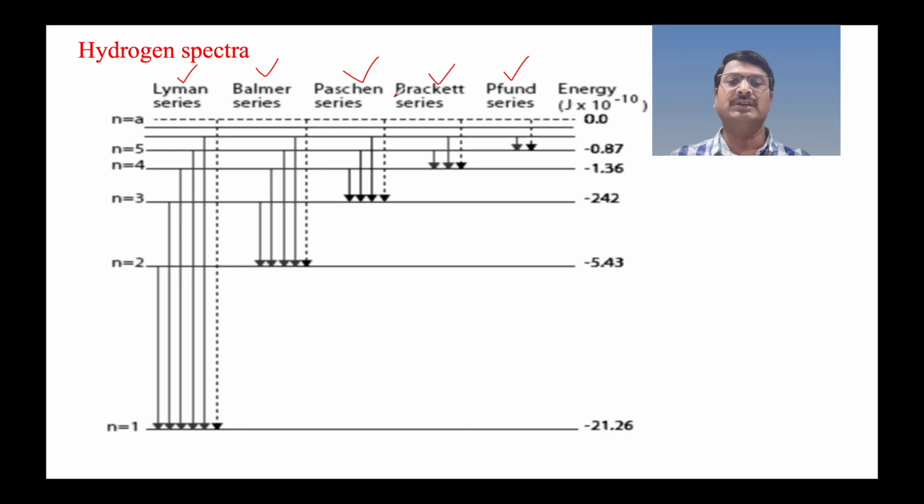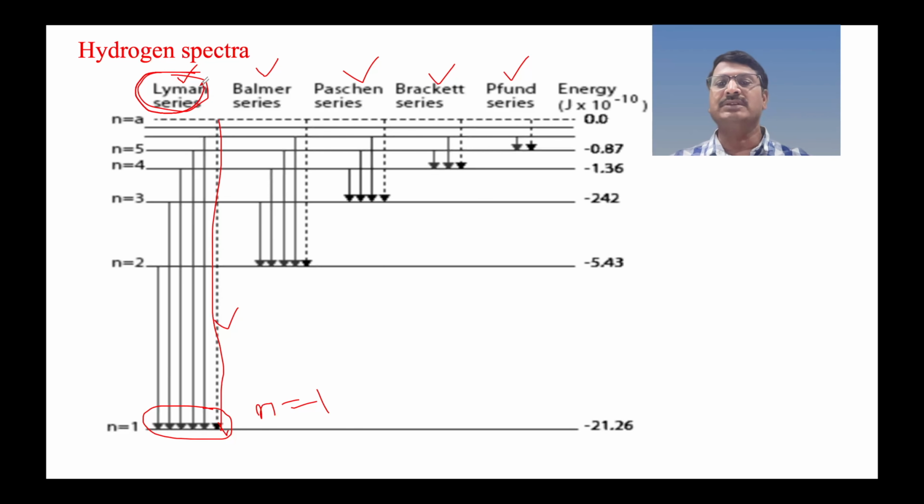In the Lyman series, if any higher energy electron comes into the first energy level, that is the principal quantum number 1, this type of light falls into the ultraviolet region. It has the highest energy light, and it is called the Lyman series.